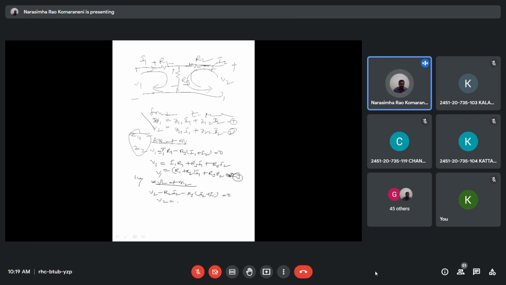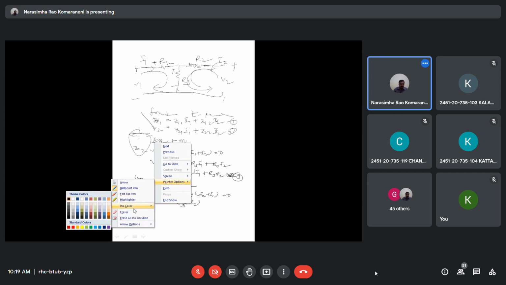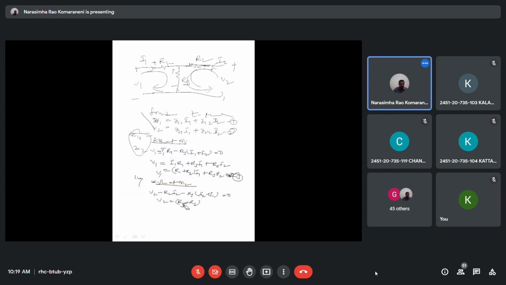So therefore V2 equal to R3 I1 plus R2 plus R3 of I2. This is equation 4.